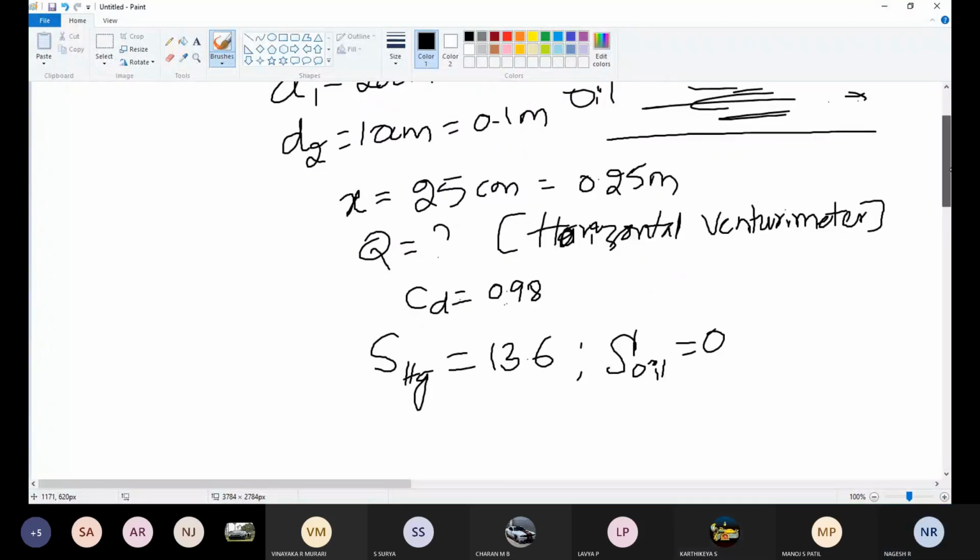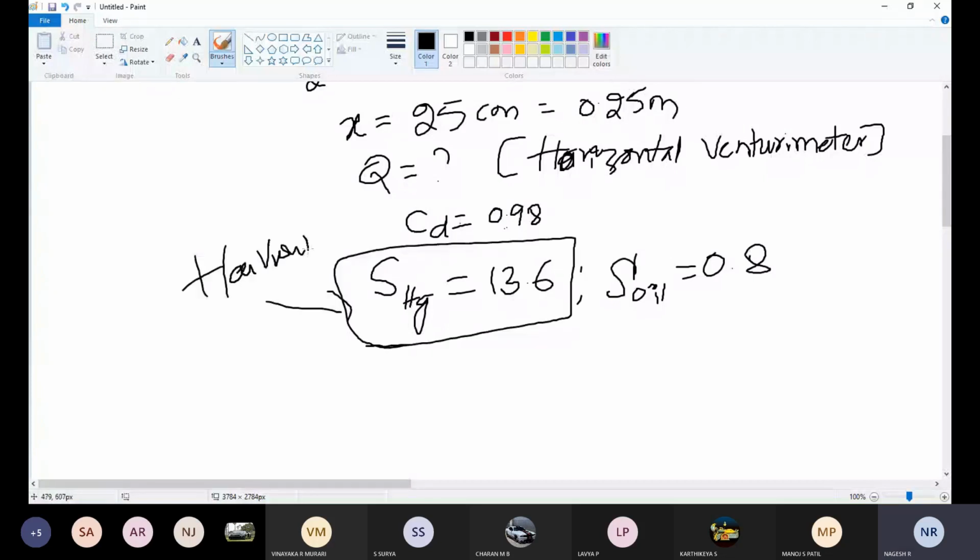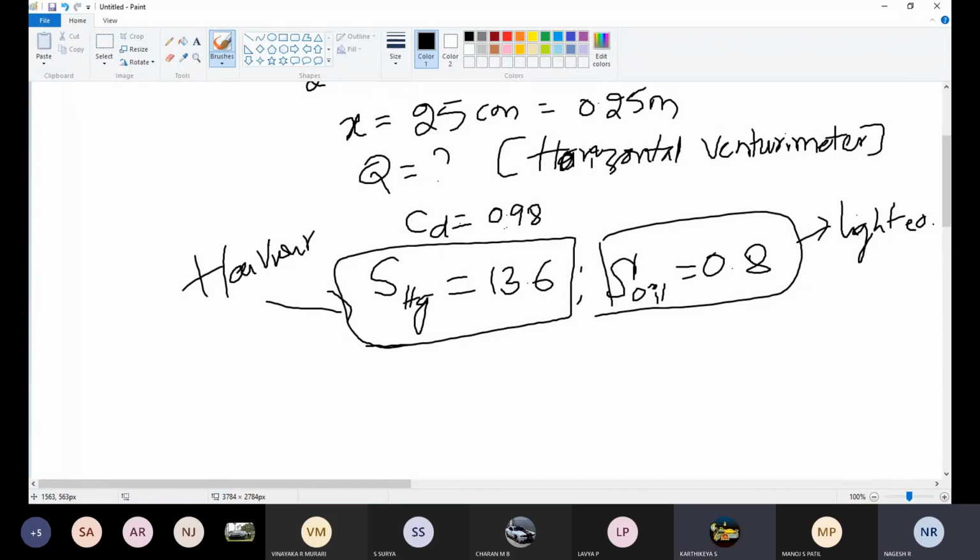So here, heavier liquid I can consider as mercury, and lighter liquid will be the oil. So which formula should I consider? If the fluid is having heavier liquids, which one should I consider? Yes. H is equal to X into 1 minus SL by S naught.